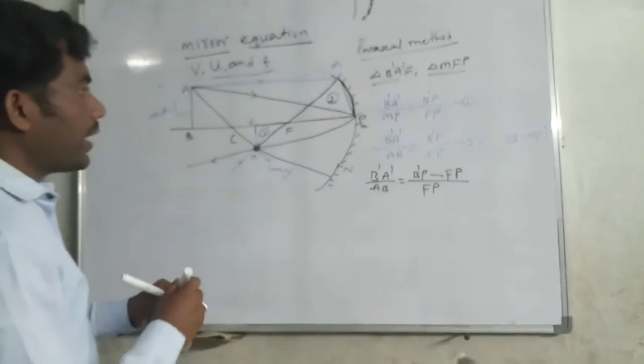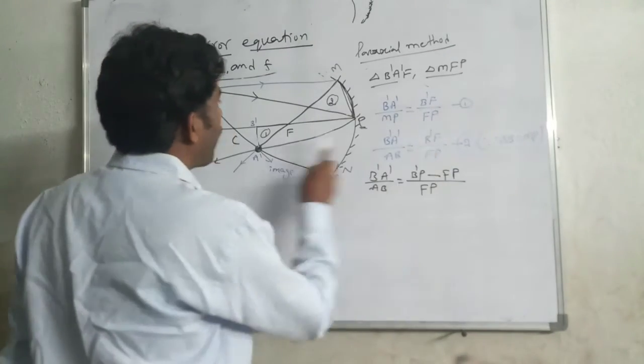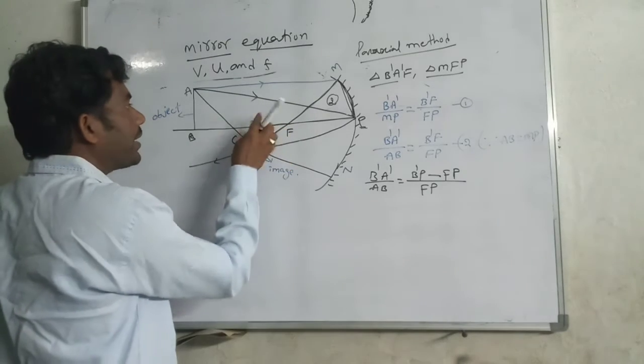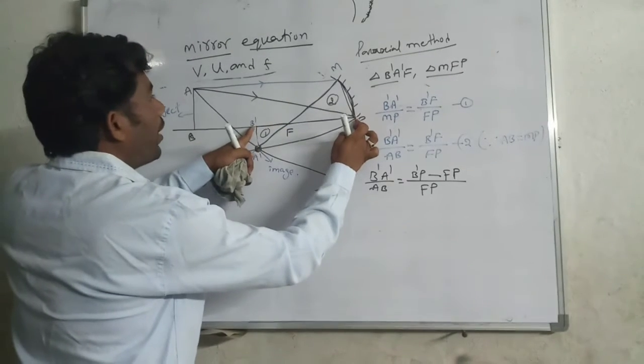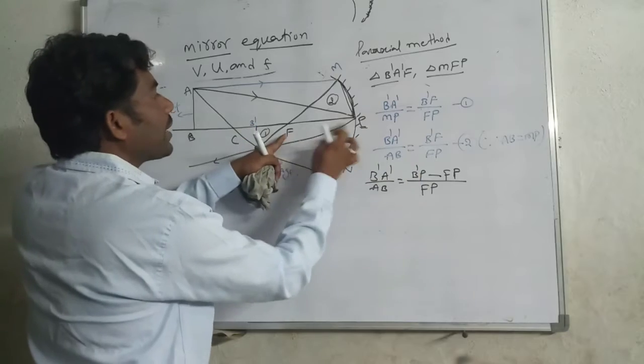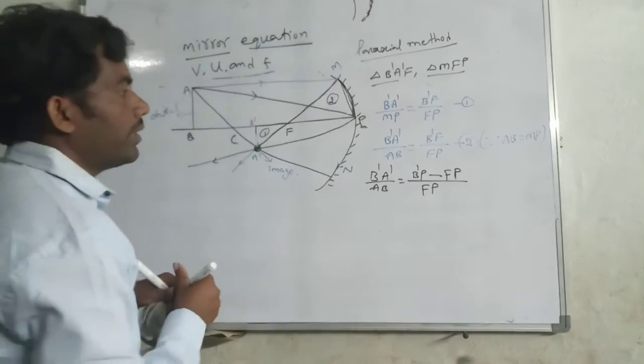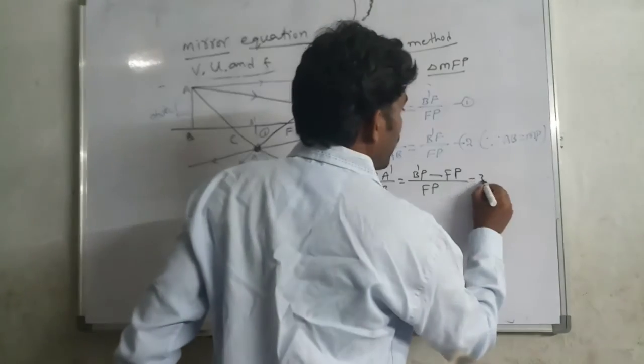See, this B dash F is the length of B dash F. It is taken as the whole B dash P minus FP to get this distance. This is equation 3.